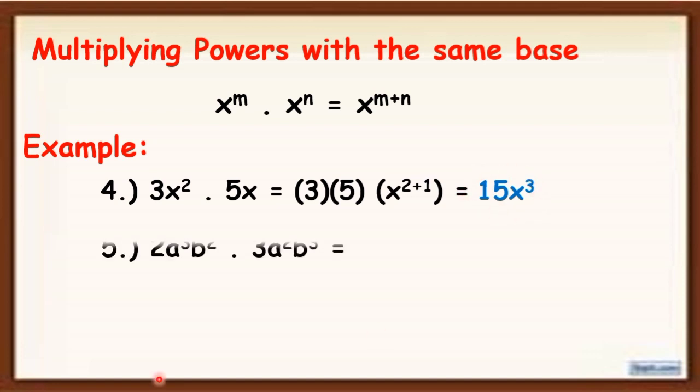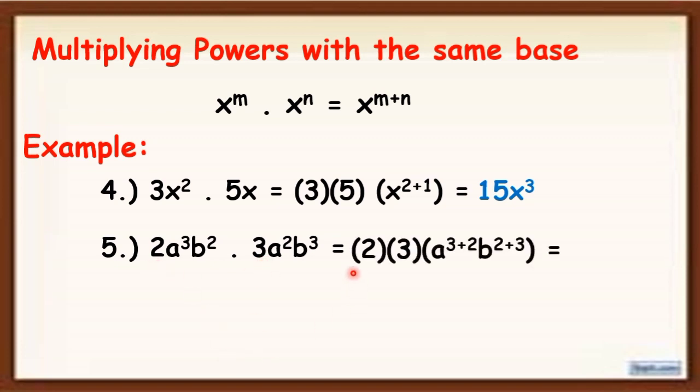Another one, 2a cubed b squared times 3a squared b cubed. Again, you are going to multiply the numerical coefficients, which are 2 and 3. Then, copy a, add the exponent, which is 3 and 2. Copy b, then add its exponent, which is 2 and 3.